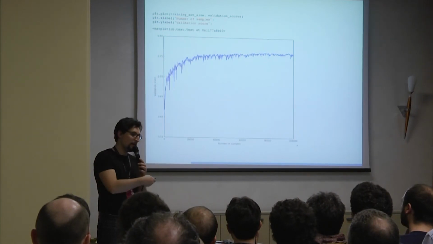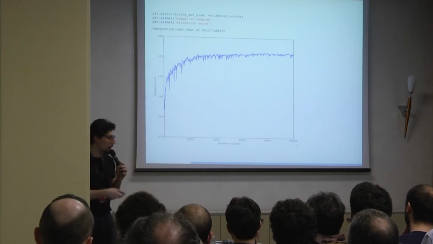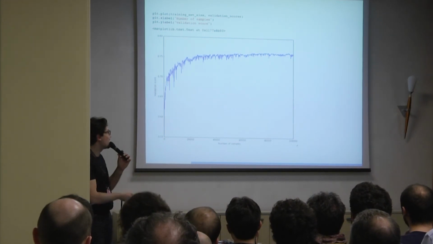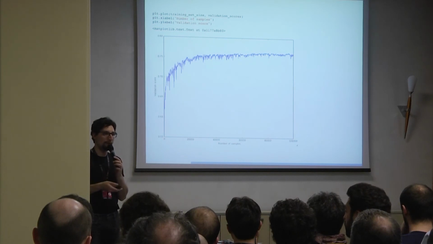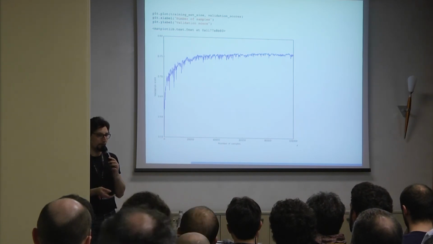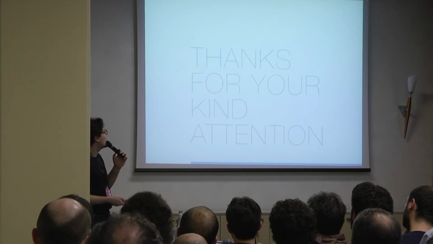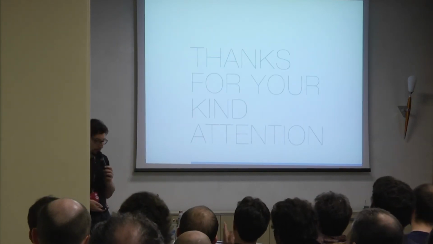Okay, and again, this method can be leveraged only on specific machine learning methods. But in case we have the partial fit function, we should leverage it. And that concludes my presentation. Thank you for your attention.